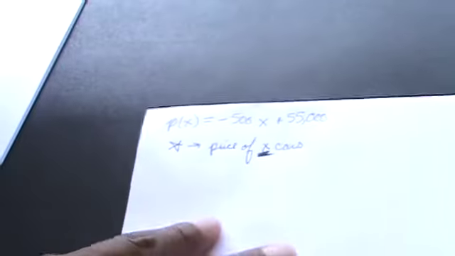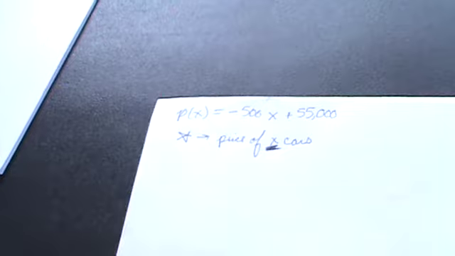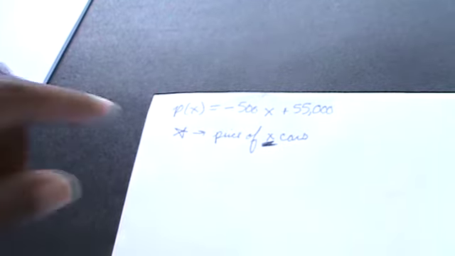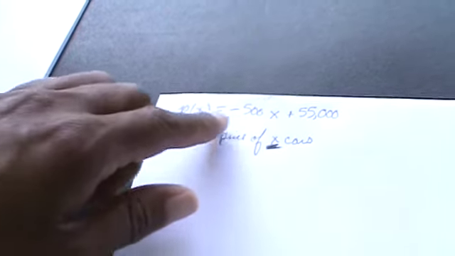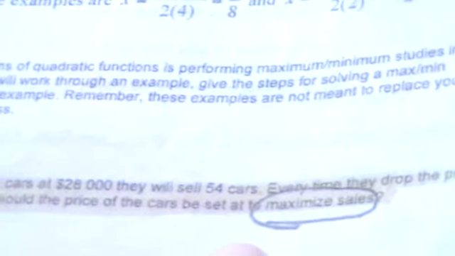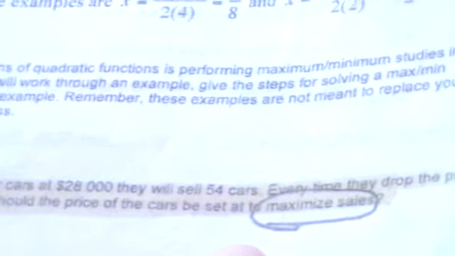And this is where I left off, that your price is negative 500X plus 55,000. And it's the price at X cars is this formula. Okay, so if I go over here and I think about what they have right there in the circled area that I've given you, it says that we're trying to maximize sales.